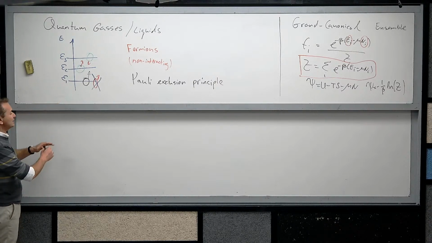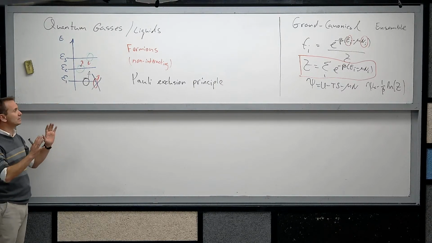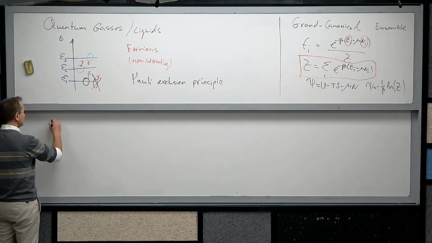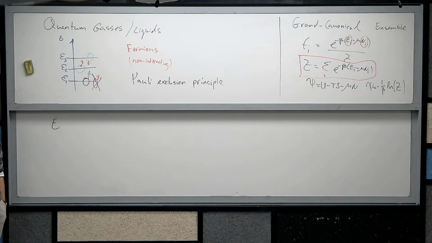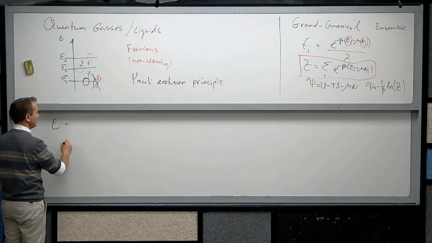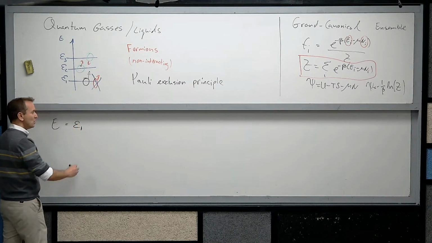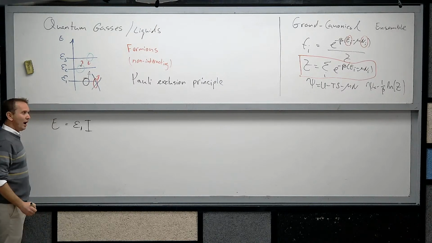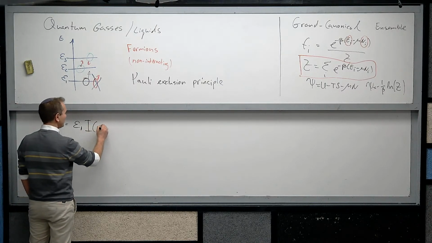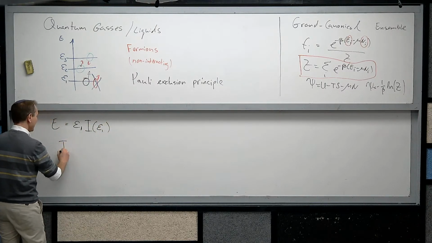So let us look at this system from the following perspective. For the total energy, I'm going to do the following thing. It is epsilon 1 multiplied by I of epsilon 1. What is I of epsilon 1?